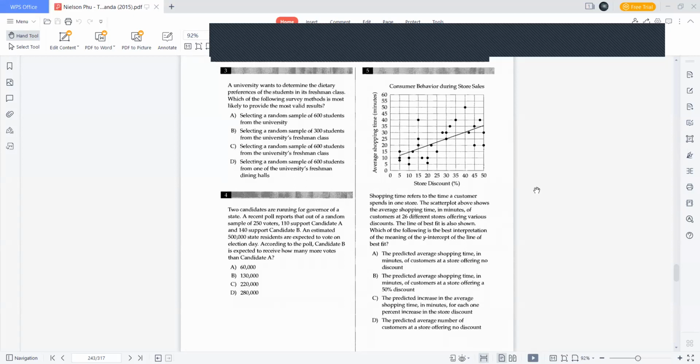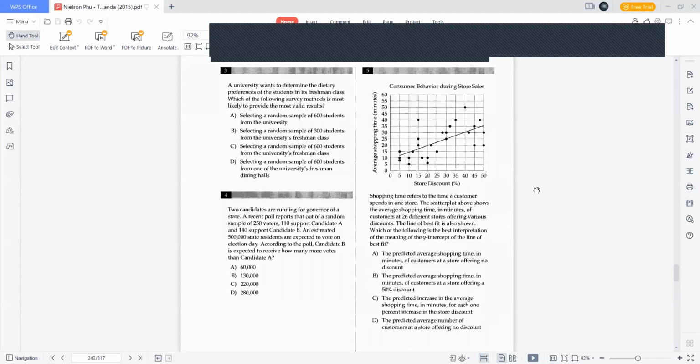I think it's C, sir. You think it's C? Yes, sir. Okay. And does anyone agree or disagree? I would agree with that answer. Okay. Can you guys explain why you think it's C?